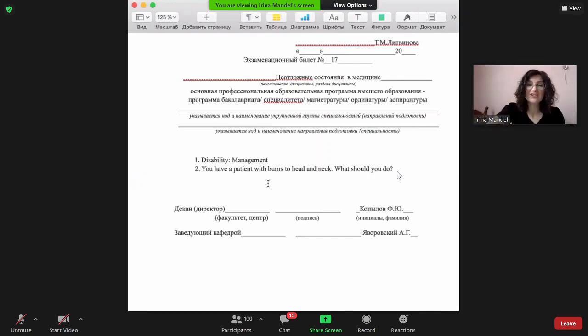There are a lot of clinical situations, and in your practice you'll have different variants. The exam covers only a small part of them. So it's better if you remember the ABCDE approach, because we can apply it in all situations.